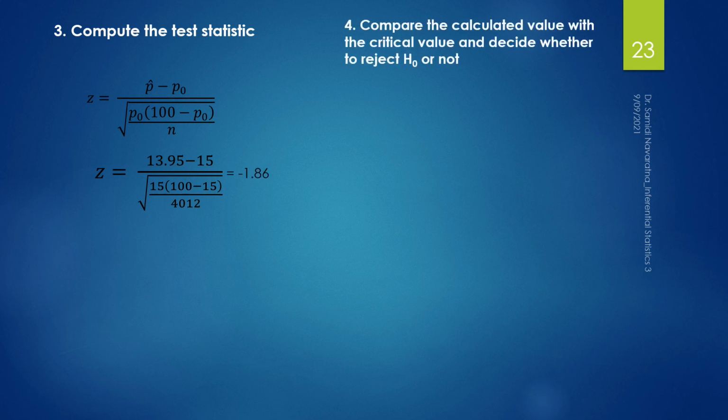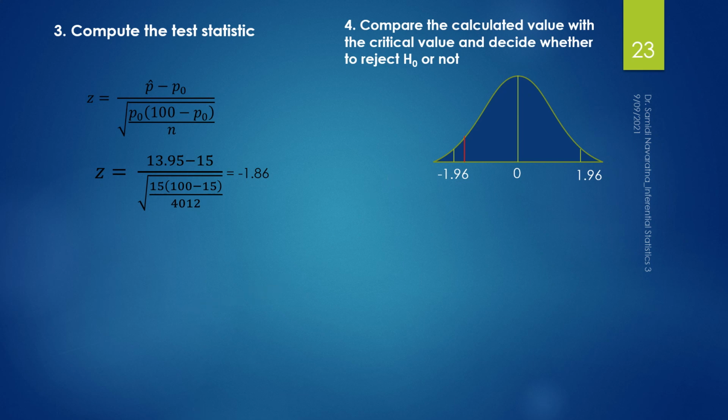Fourth step is to compare the calculated value with the critical value and decide whether to reject null hypothesis or not. So let's look at the diagram again. This calculated value minus 1.86 falls outside the critical region, right? It is towards the right of minus 1.96. Therefore, we cannot reject the null hypothesis.